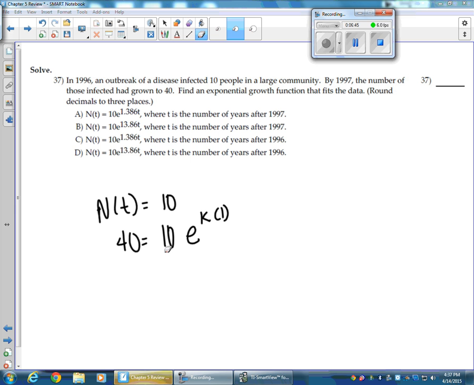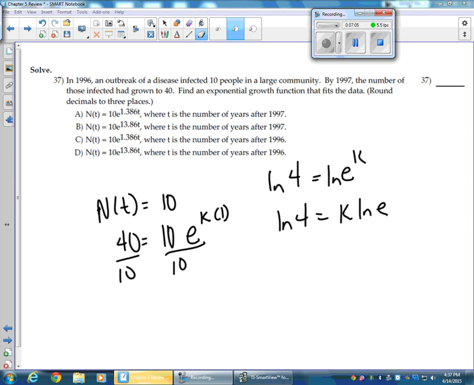So the first thing I'm going to do is divide both sides by 10. 40 divided by 10 is 4. So I get 4 equals e to the k power, because k times 1 is k. I'm going to natural log both sides. So on this side, I get the natural log of 4 equals, I'm going to bring the k to the front, k times the natural log of e. And the natural log of e is 1. So this side's just k.